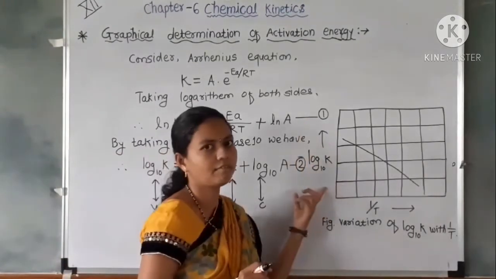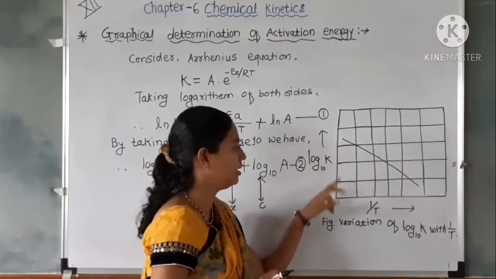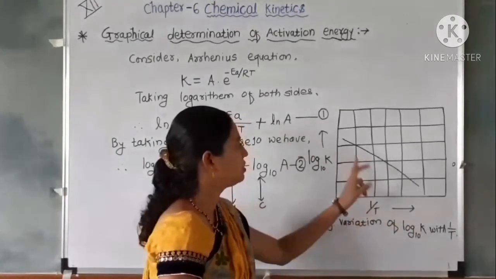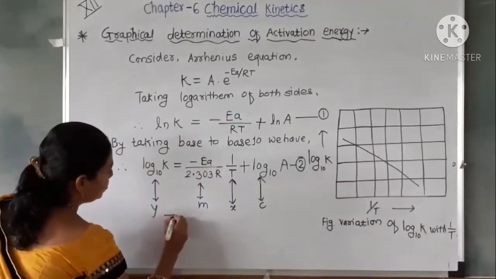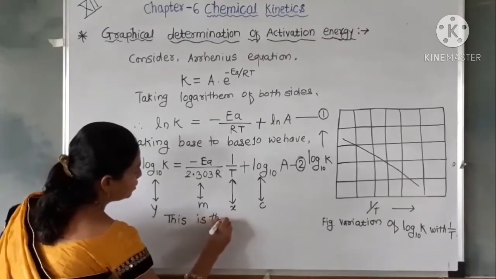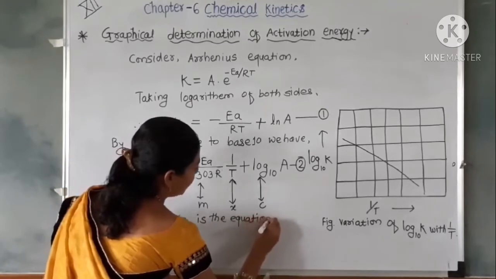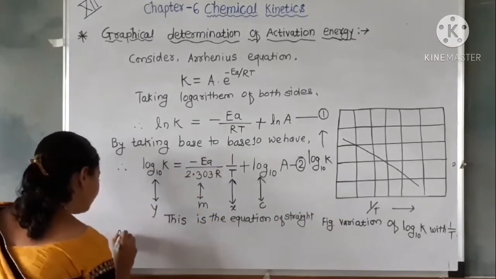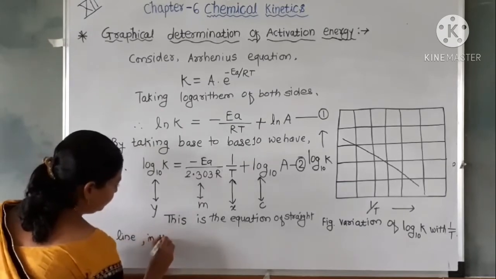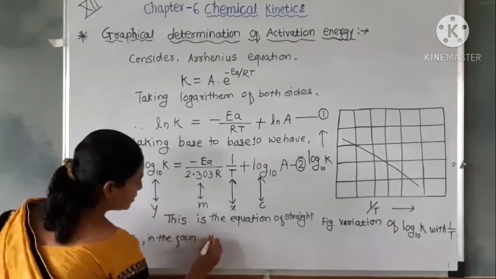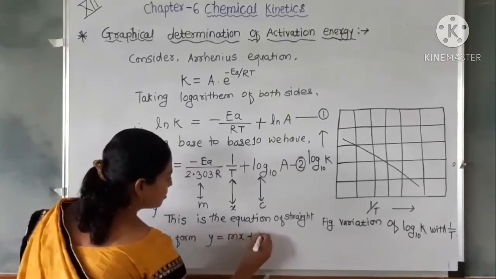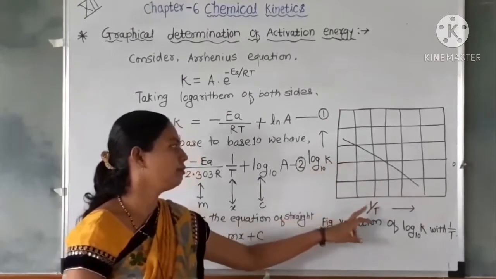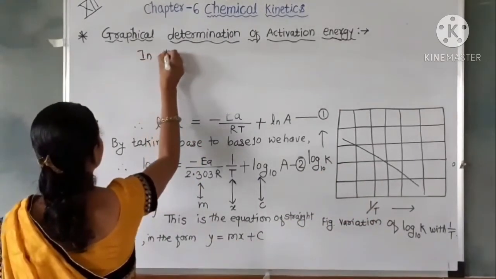See here, I have drawn the graph of this straight line, the variation of log to the base 10 k with 1 upon T. This is the equation of a straight line in the form y is equal to mx plus c.